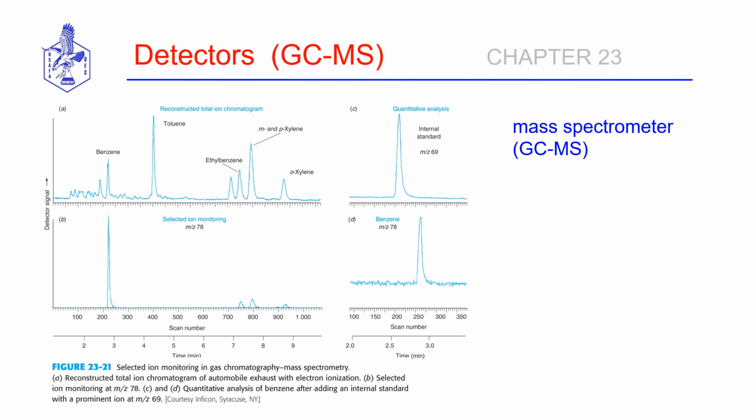GC mass spectrometers are very prolific in analysis and research laboratories. As I mentioned before, they are the go-to technique that provides important analyses of samples in forensic science and in our doping considerations with athletes and that kind of thing.